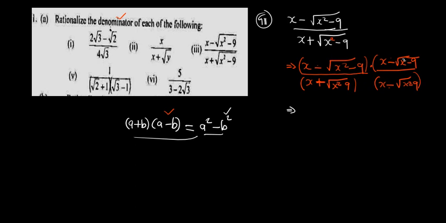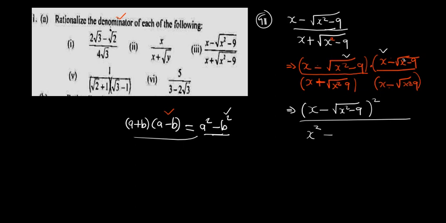So what I'm going to do is I'll say x, I'm just writing what is on top, root of x squared minus 9. Then because they are the same, I'll just square them like that. Then down there I have difference of two squares, so I'll get this part, so I'll say x squared, minus, you just square them like that.